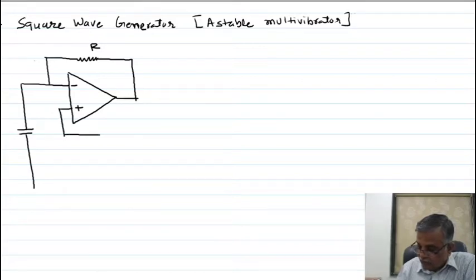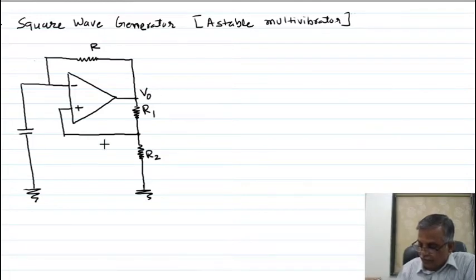Here I am giving the reference voltage from the output. This is a ground. This is a ground. Let me say this is R1, this is R2, this is my VO. Generally VO we write as V saturated. So this voltage is nothing but V saturated times R2 upon R1 plus R2, and we write it as beta into V sat.